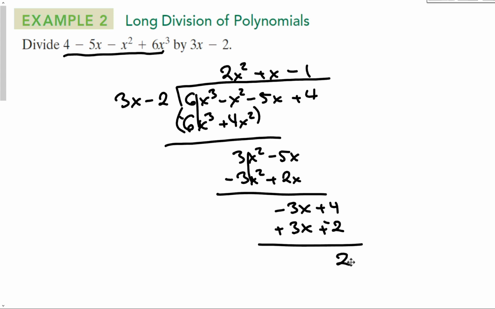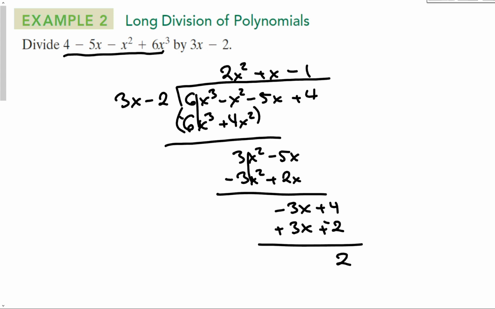Now, sometimes when we were dealing with long division back in the day, we put a decimal and we kept going. We're not going to do that with polynomials. We're just going to leave this as the remainder. So now we can see that this polynomial is not divisible by this. Not evenly anyway. So my answer becomes that plus a remainder.